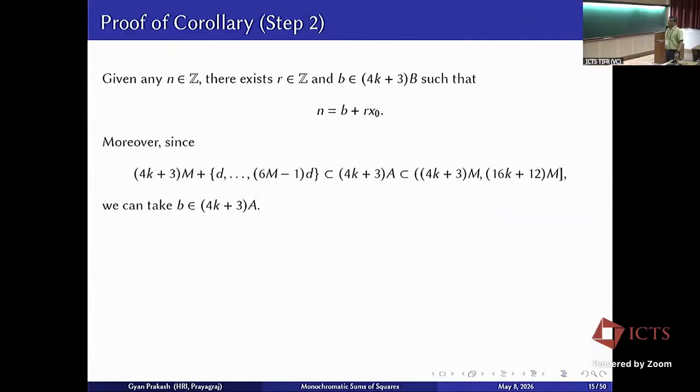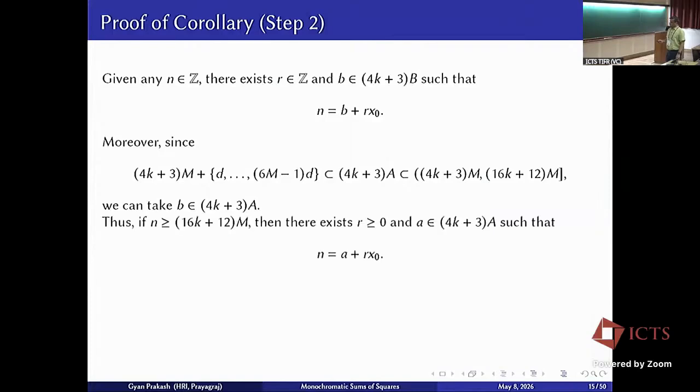Okay, so now we can take this B to belong to 4k plus 3a, because if you consider this translate also, that will also cover all the residue classes. But generally this R may be negative. Okay, so how do we ensure that this R is not negative?